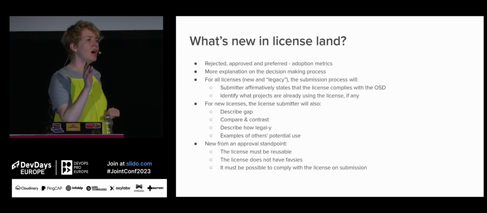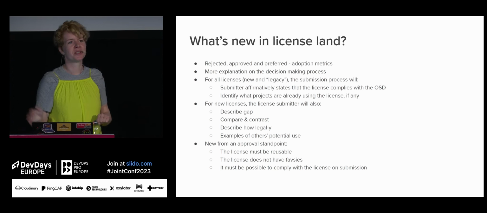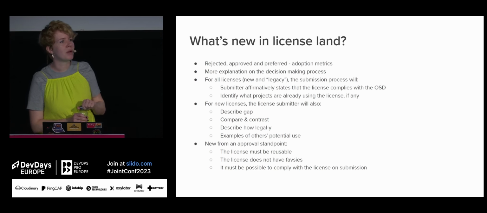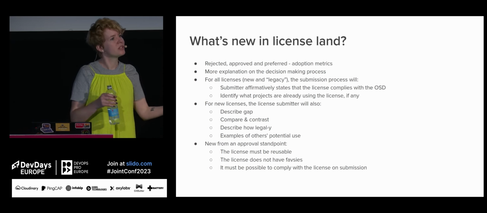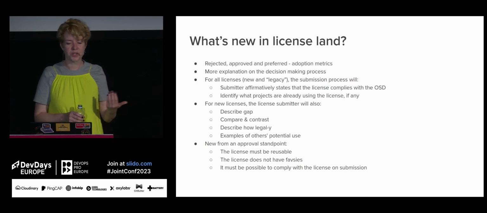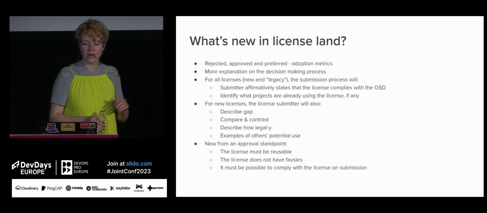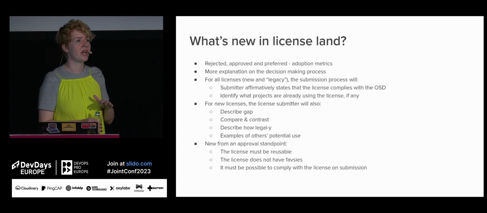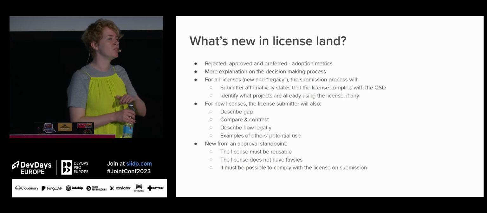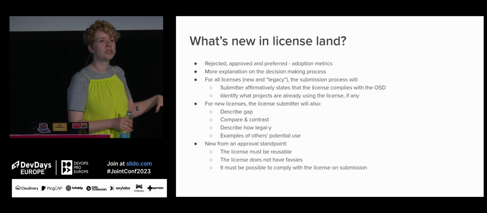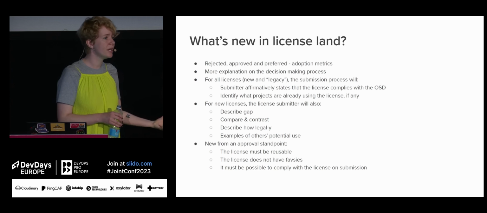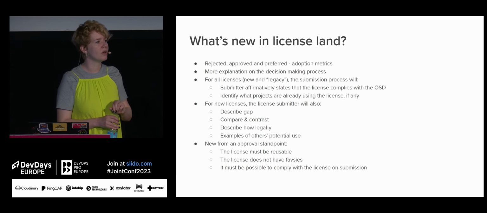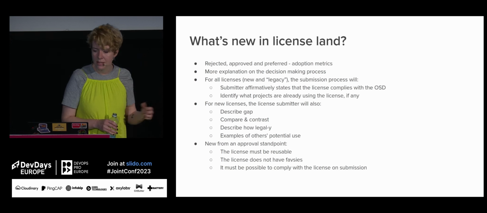All right, a couple of things. There's a lot of text on this slide, I'm sorry. I will talk you through it. A couple of things that Pamela had told us that they're going to introduce is for licenses from now on to have three categories, which is rejected, approved, and preferred, and that would take from actual adoption metrics how many people were actually using a license, so that maybe people can make a better decision what is a well understood license.